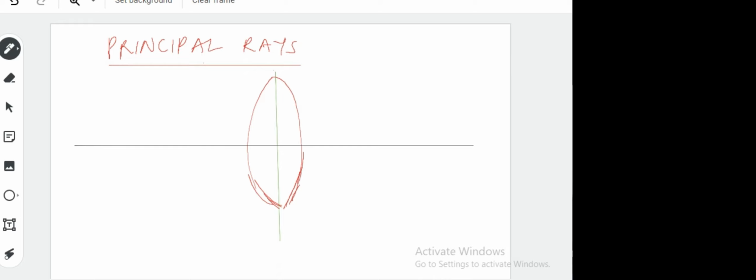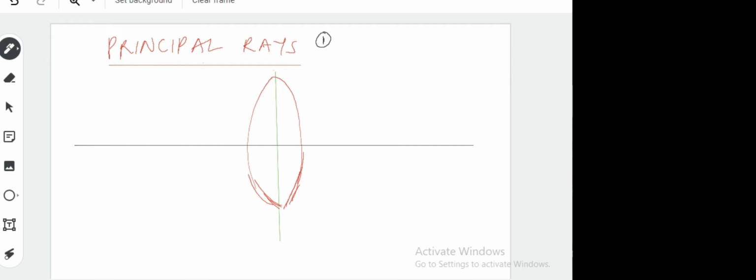Three principal rays. There are three of them, but what we need is just two. The third one is already superfluous. It's not necessary. It's just a confirmation. Two will be enough. But let me talk about the three principal rays.